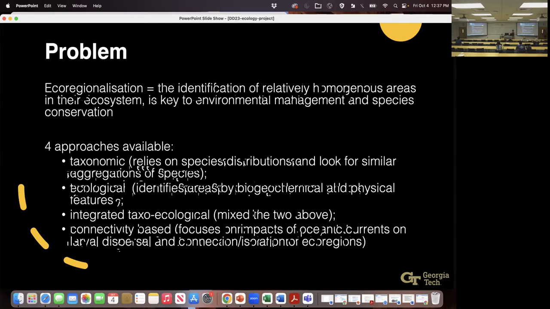But if you want to understand what's going on in the marine ecosystem, you have to manage to figure it out. You have to map the ecoregions. And the ecoregions are simply regions where you have relatively homogeneous areas in the ecosystem. So you have more or less the same species distribution, and the same conditions.